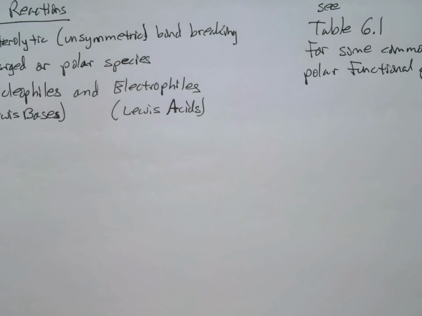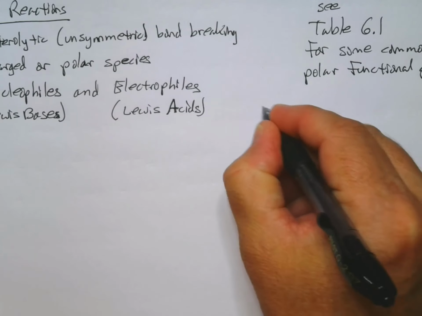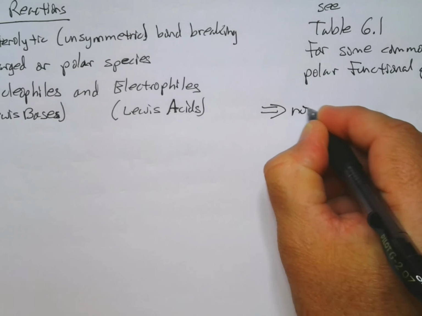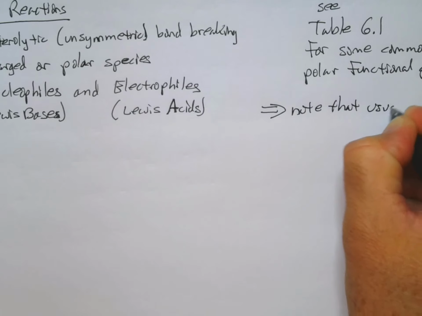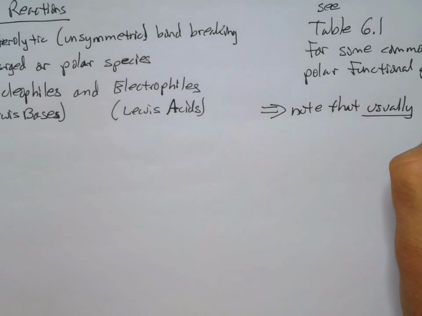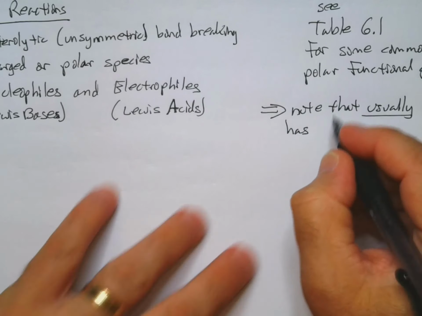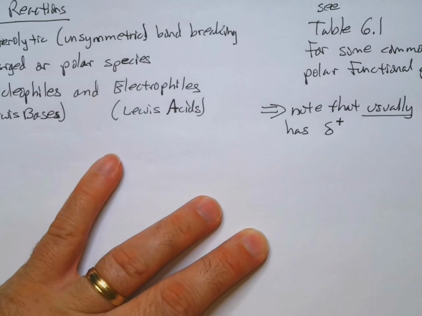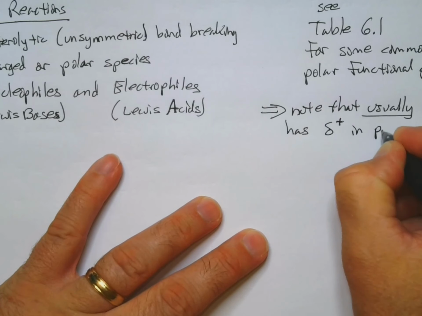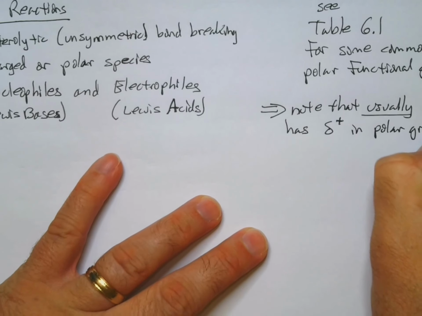So one of the common features that we see, let me just make a note here: note that usually carbon has delta plus in polar groups.